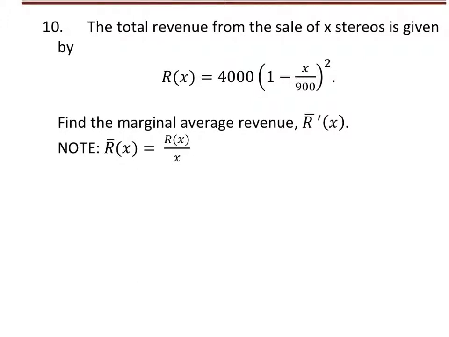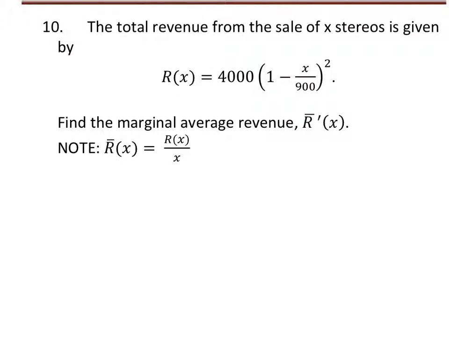I have probably received more questions about this particular problem than any of the others. It says the total revenue from X stereos is given by R of X equals 4,000 times 1 minus X over 900, and that quantity is squared, and it wants us to find the marginal average revenue. And there's two things to look at here.